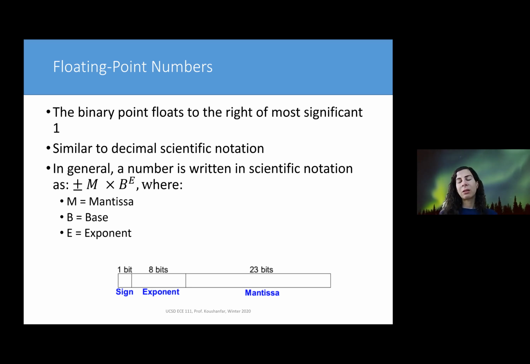But here, floating point numbers are very similar to the decimal scientific notation that you may have seen before, where we represent a number using a fractional number, where the fractional number always has only one digit before the point, and all the remaining digits are to the right of it, and then that is times 10 to the power something. If you're talking about base 2 numbers, then this base becomes 2, of course, but this could be the same.